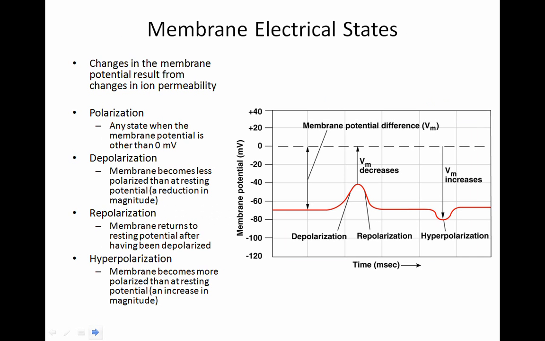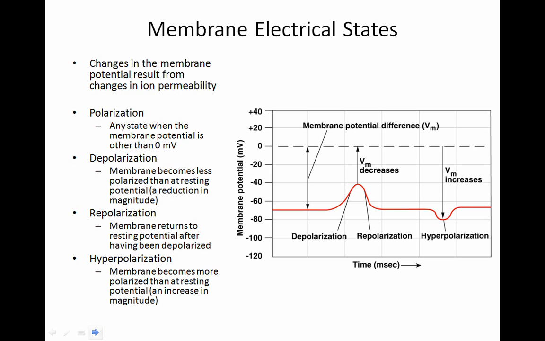Whenever it's some value other than 0, we refer to the membrane as being polarized. 0 is not polarized. So any state of the membrane where the membrane potential is not 0 is a state of polarization.